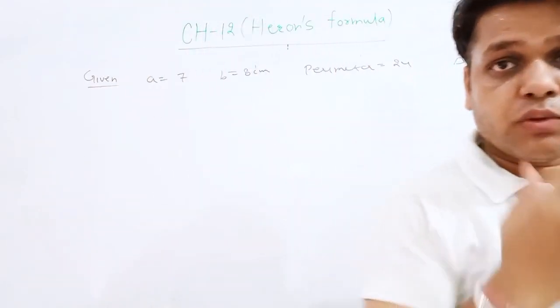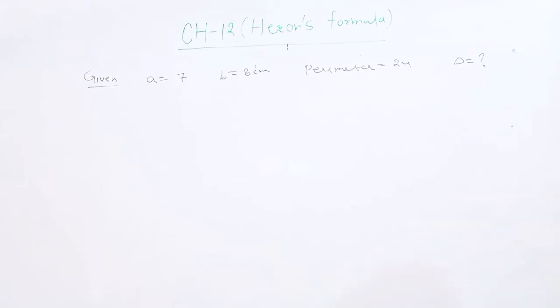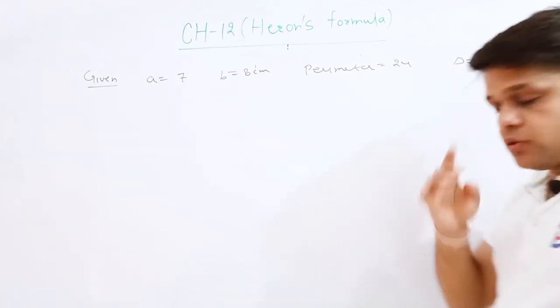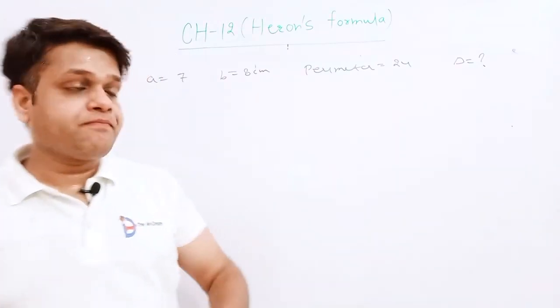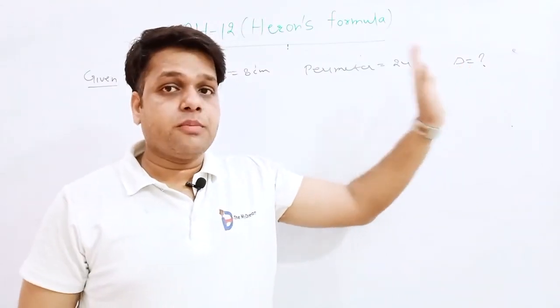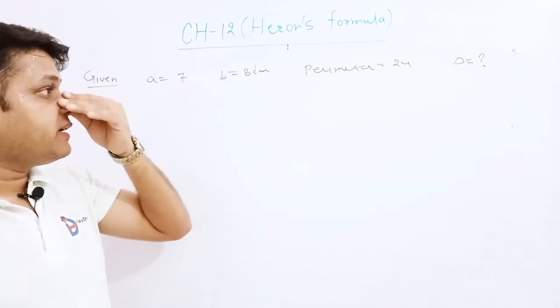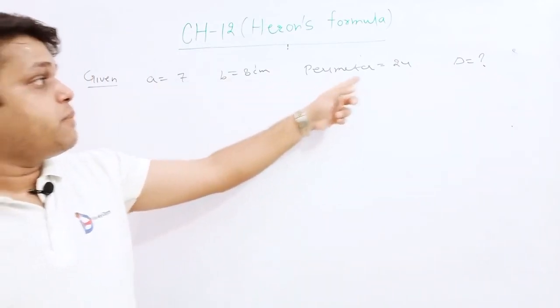So this is the given situation. Now how can we calculate this? So guys, to find the area of a triangle we normally know all three sides, but here the situation is different. Two sides are given and the perimeter is given.